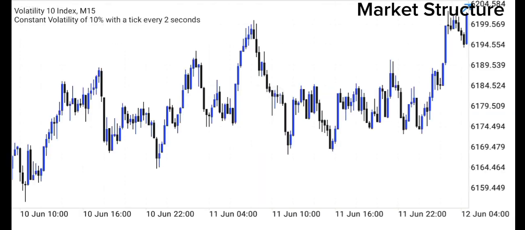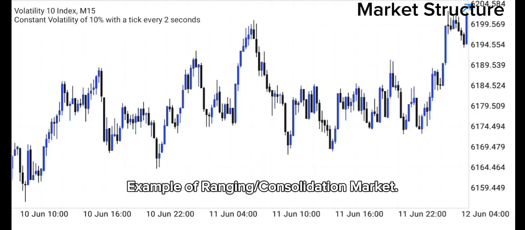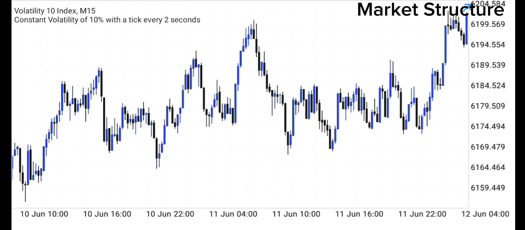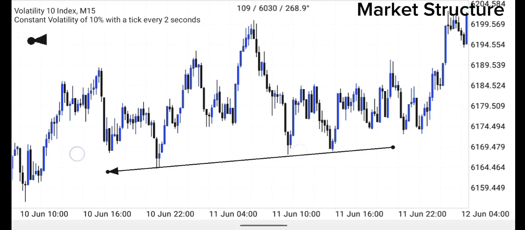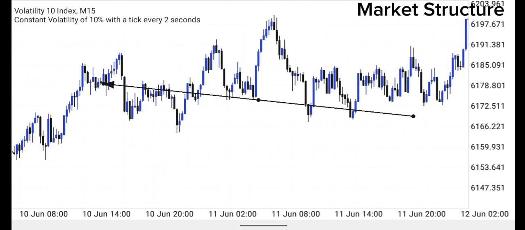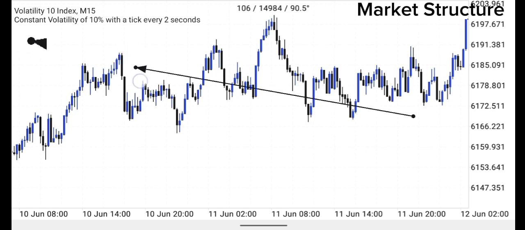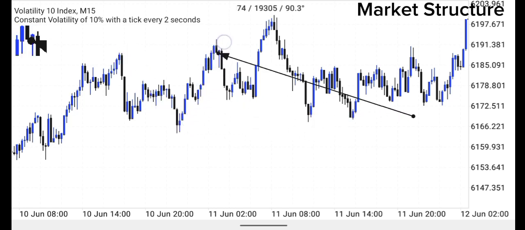All right, so here is the example of a ranging market or consolidation market. Like I said before, I hope you understand the characteristics of ranging markets, which are equal highs and equal lows. So let's check it on the real chart. As you can see on the chart, we have high, we have low, we have higher high, right?